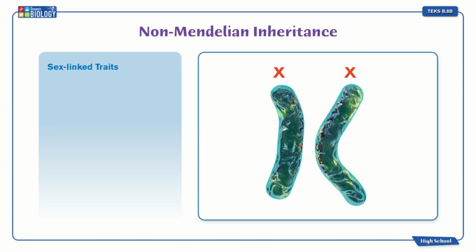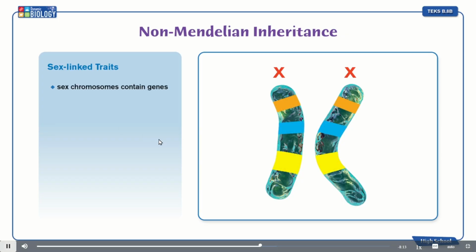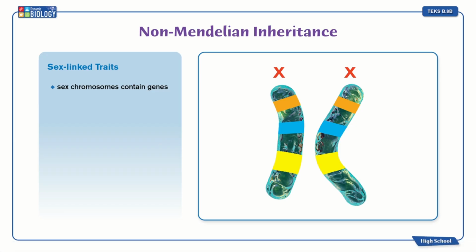Just like normal chromosomes, sex chromosomes have genes. For example, in this model, you are looking at a pair of sex chromosomes with a few genes highlighted in different colors. Can you tell if these chromosomes represent a biological male or a biological female?